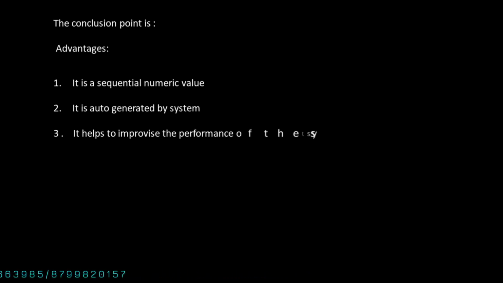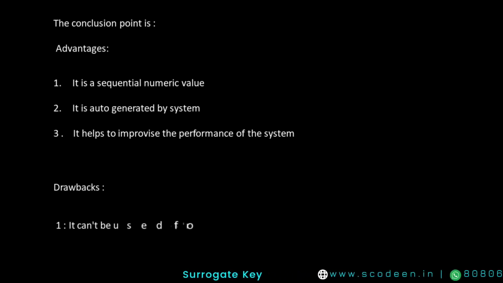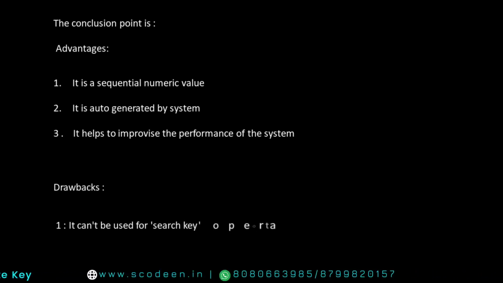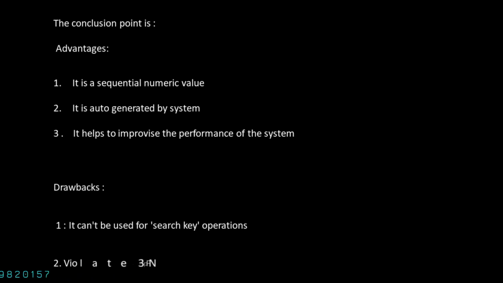Number 3, it helps to improve the performance of the system. The drawbacks are: one, it cannot be used for search key operations. And number 2, it violates the third normal form, that is 3NF principles, because it doesn't maintain any relationship with other tables.